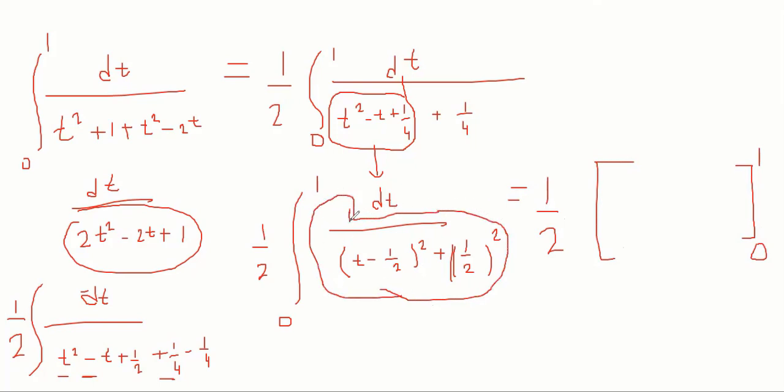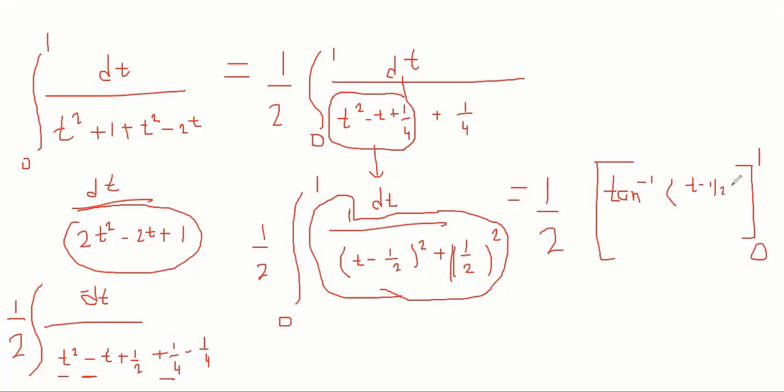Say 1 by this, right? It is nothing but tan inverse. Ideally it will be tan inverse t, but here instead of t we have t minus half. That is the only thing. Tan inverse of t minus half by half.